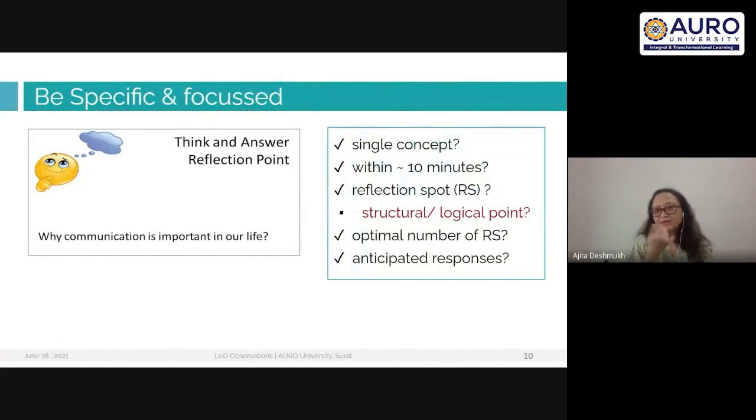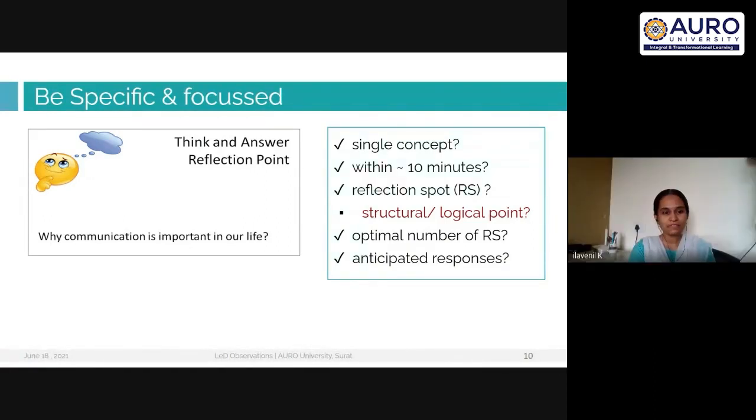So could that be a focused question for reflection, and then be taken up for a variety of answers? Now, this is something that we have thought, but the communication experts, people who come from that particular subject and domain, would be in a better position to see whether this question would be better.